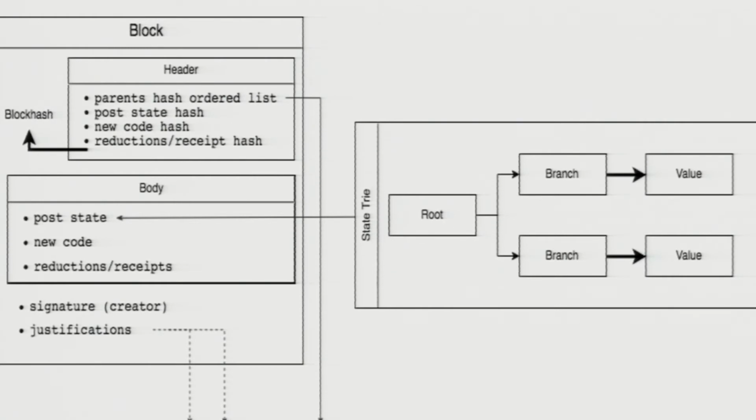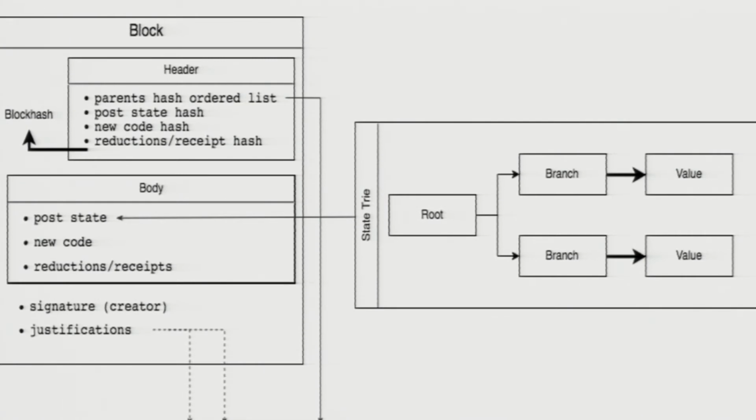And if you look over to the header, you'll see that each of these components have a hash that will be stored. The one thing that I haven't mentioned yet is the ordered list of parents. So the hash of which will be stored in the header. A lot of you might be familiar with having a single parent.